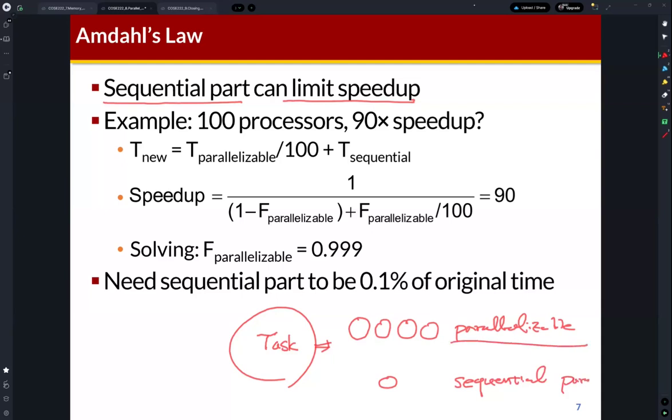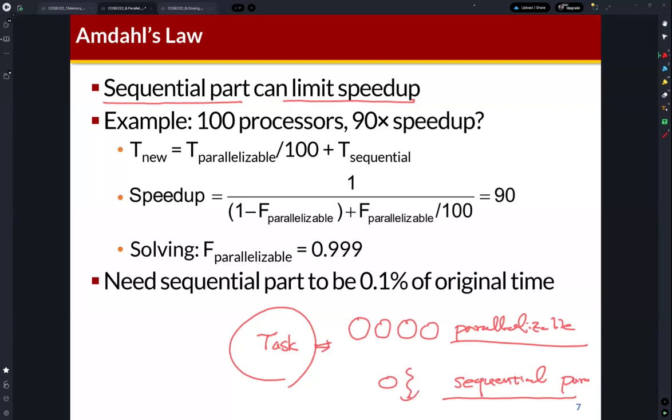Parallelizable part means that the task can be partitioned into multiple independent tasks, and these partitioned tasks can be assigned to multiple cores. But the sequential part means that this part cannot be partitioned.